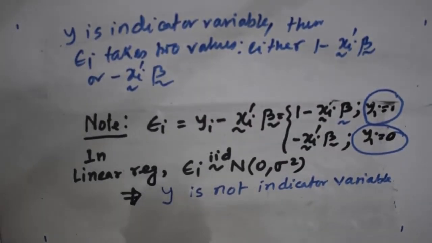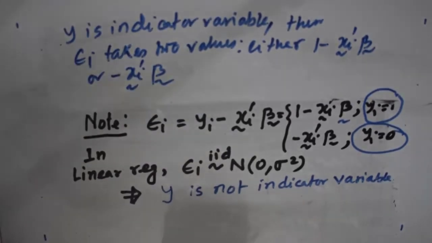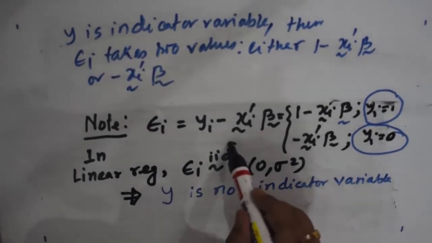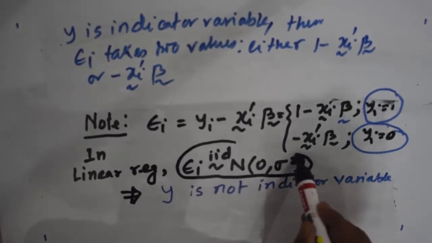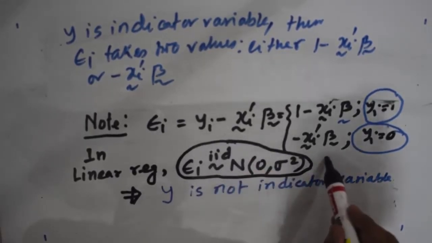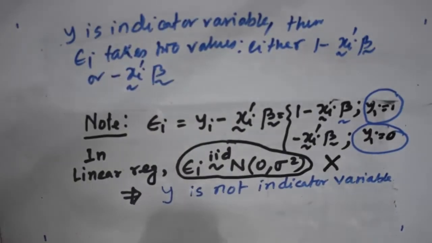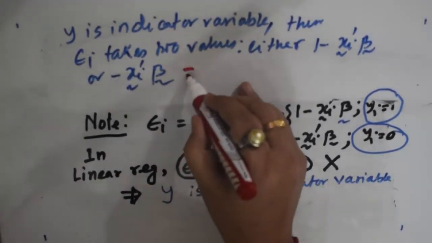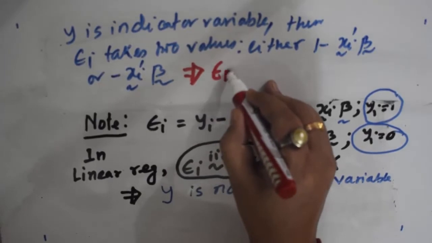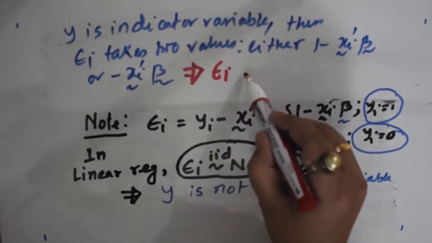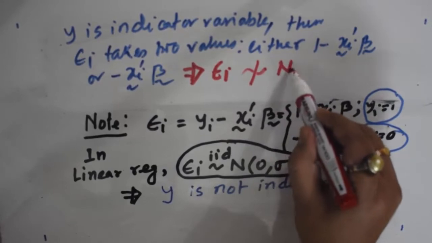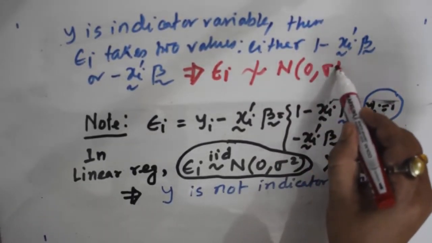Therefore, we cannot assume epsilon i follows normal 0 sigma square. Therefore, epsilon i does not follow normal 0 sigma square.